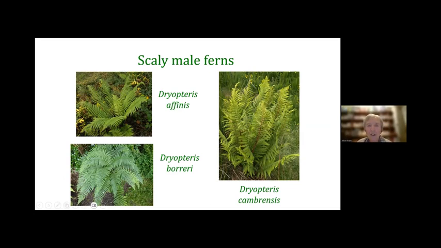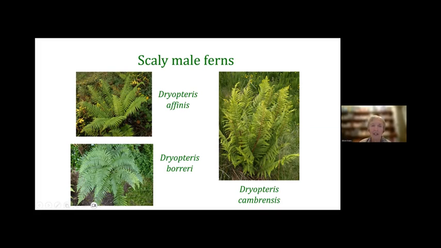And a confusing group that look quite like the male fern are the scaly male ferns. There's a lot of controversy. Stace has now put these all back into one species and called these subspecies. But Cell has actually published 8 species in this group.